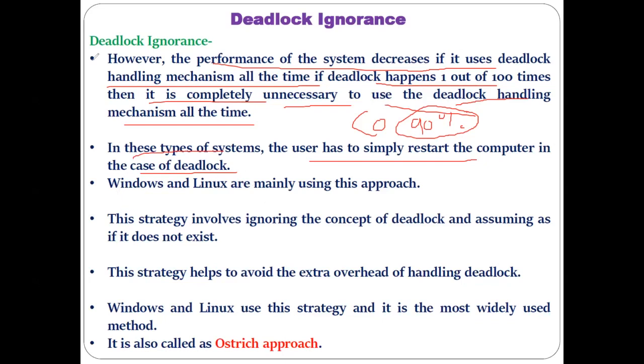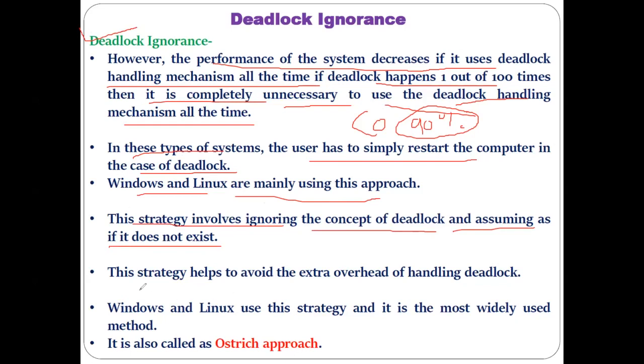This approach is normally suggested by the Windows and Linux operating systems for normal users. This strategy involves ignoring the concept of deadlock and assuming that it has not occurred. So simply ignore it by restarting the computer.